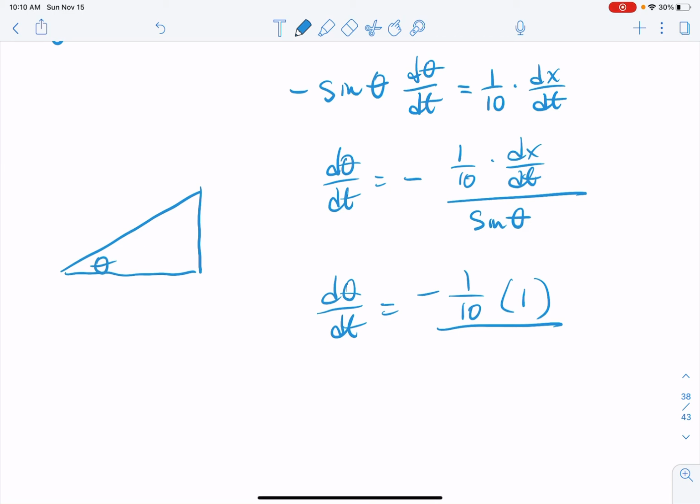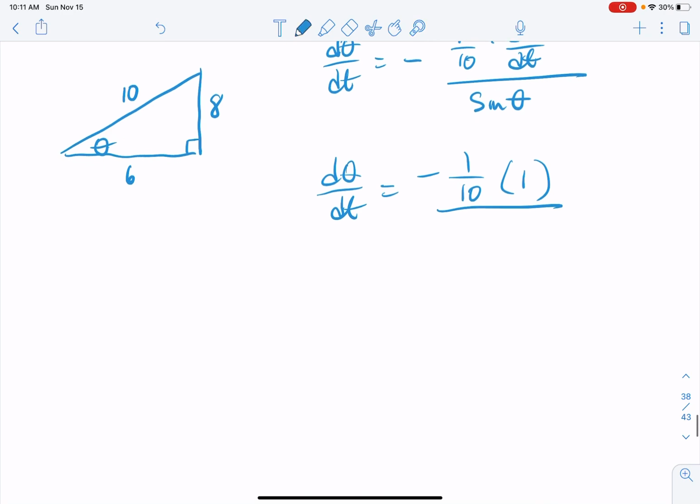That's the way my brain works. There's the theta. And remember that the ladder, no matter what, is 10. And it gave us the x value down here at the bottom as being 6. Not drawn to scale since the height's got to be 8 anyway. So the sine is exactly the opposite side here, the opposite side being 8 and the hypotenuse being 10. It's 8 over 10.